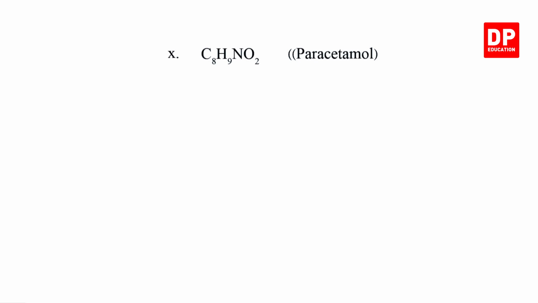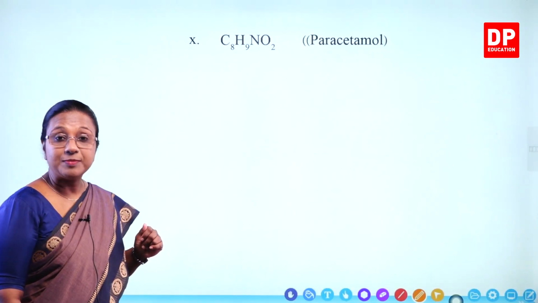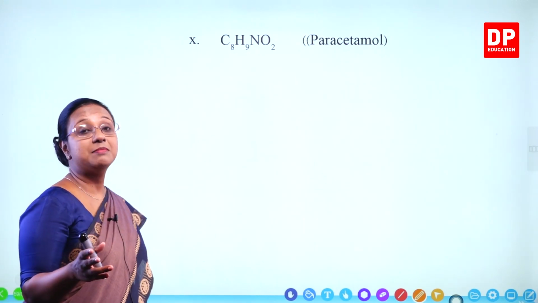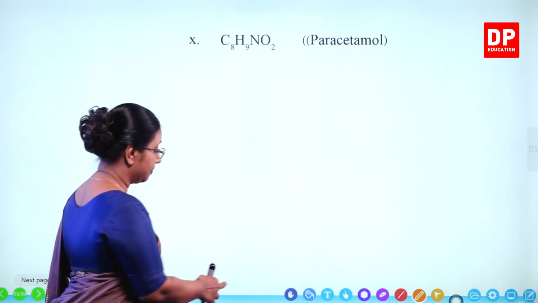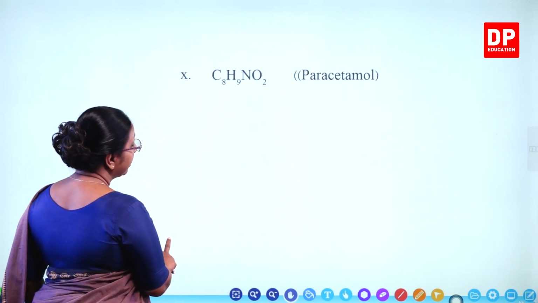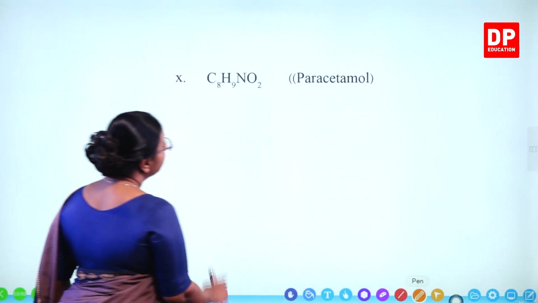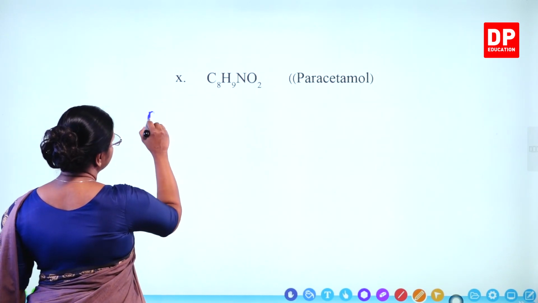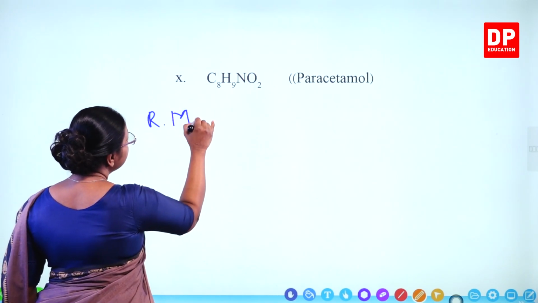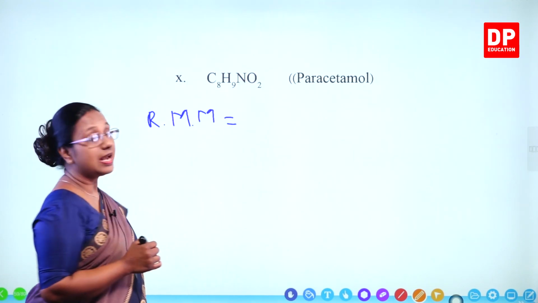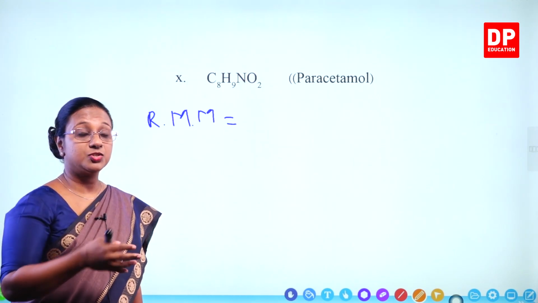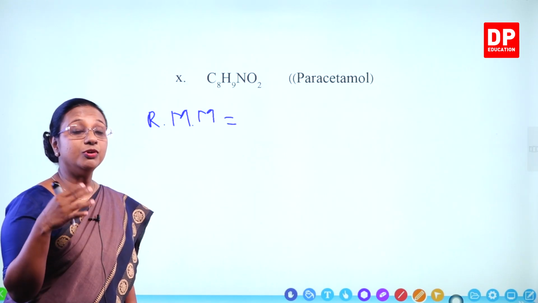Then the next one, C8H9NO2, that is the component present in paracetamol. You know what paracetamol is? Again, a medicine, a tablet that contains this particular compound. So, if we calculate the relative molecular mass for this. In all these, students, you can see the number of each atom is given to you directly. So there is no need for you to count.